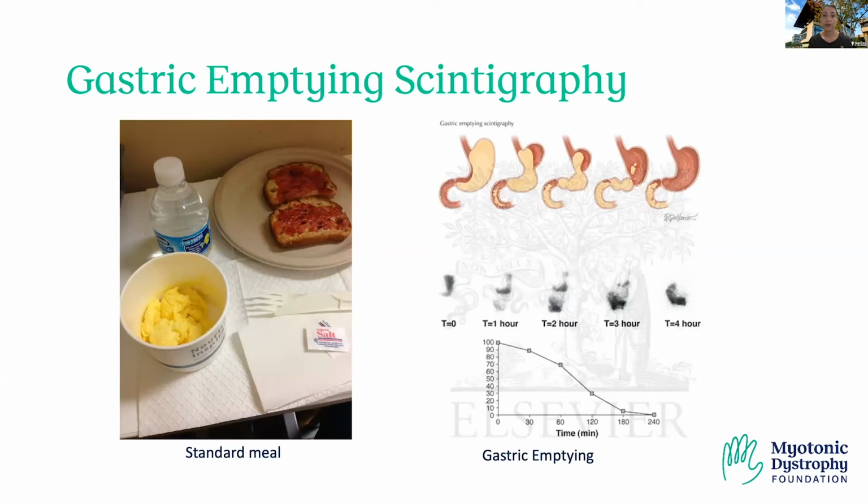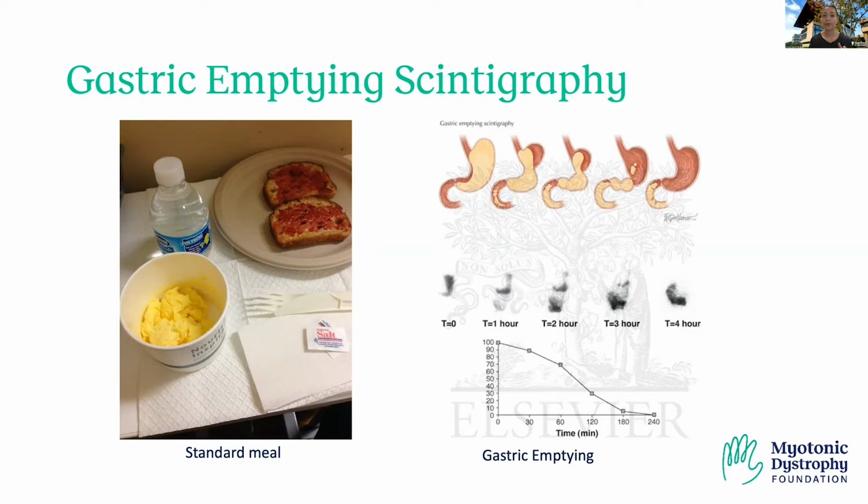How do we diagnose the gastric emptying problems? We ask you to do the gastric emptying scintigraphy. Here is a study that determines the time that it takes for a meal to move through the stomach to the small bowel. We provide the standard meal for this nuclear medicine study.